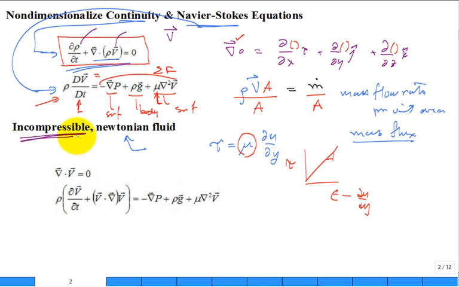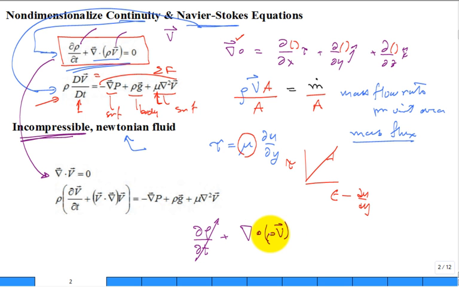So if it's incompressible, how does the continuity equation change? Yeah, you could see that you have the partial of rho with respect to time. If it's incompressible, that's 0, plus the divergence of rho v, the mass flux.